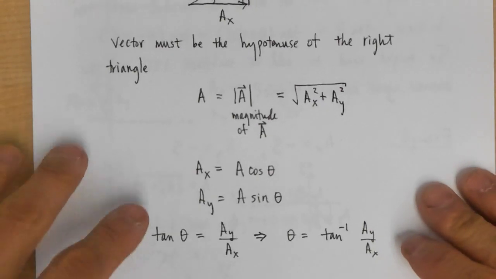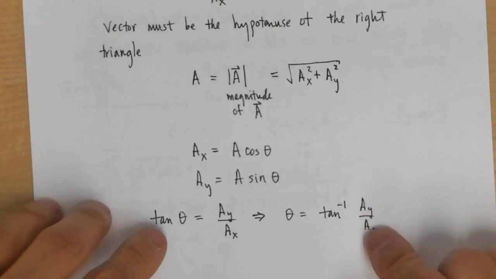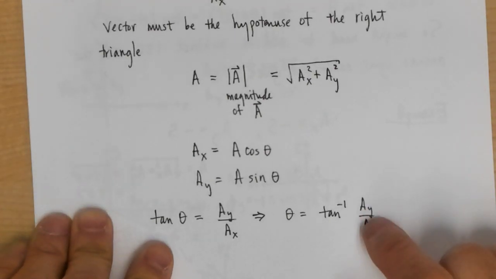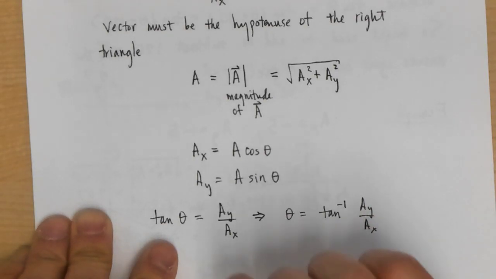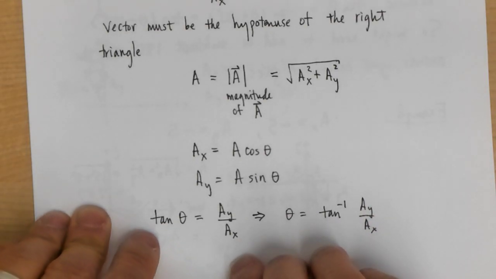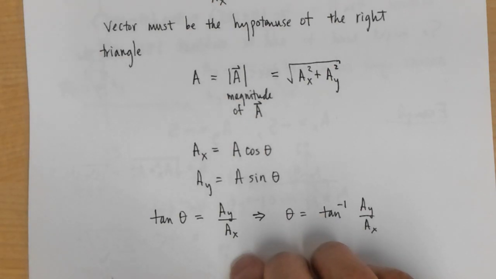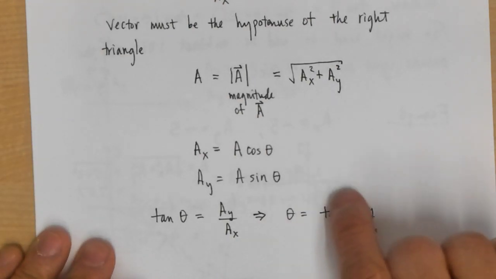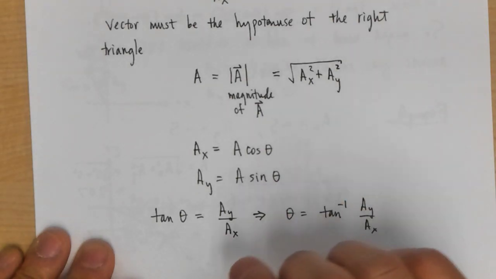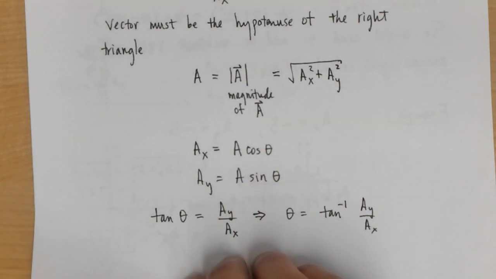And theta is equal to the inverse tangent, or arctangent, of Ay over Ax. Okay, so remember there is one caveat with this inverse tangent. Sometimes you have to be careful whether you need to add or subtract 180 degrees to your answer. And you figure this out by simply drawing the triangle or the vector involved, and that will tell you whether you need to add or subtract 180 degrees.